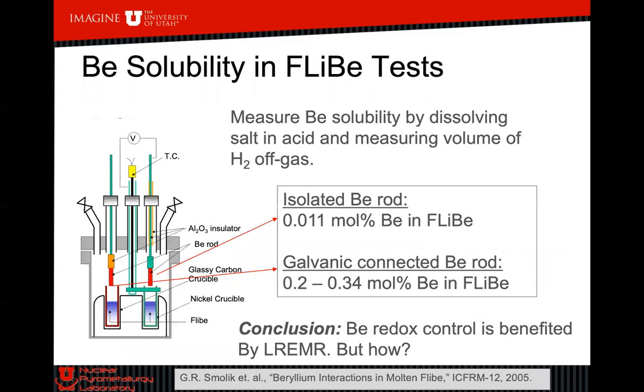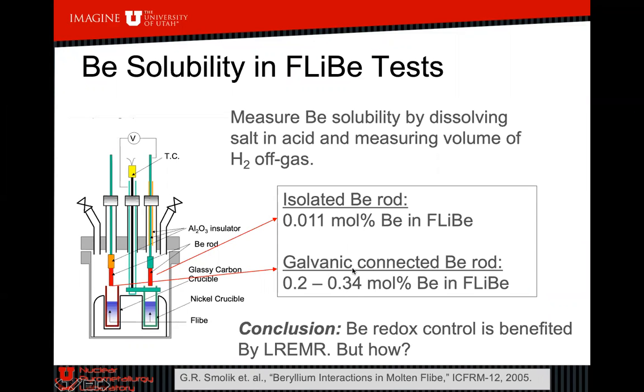And again, we could actually measure how much beryllium was dissolved in the salt when we dunked these beryllium rods in the salt, but we got some weird results. If we electrically isolated the beryllium rod, we got 0.011 mole% beryllium. If we galvanically coupled the beryllium rod to the nickel crucible, we got 0.2 to 0.3.